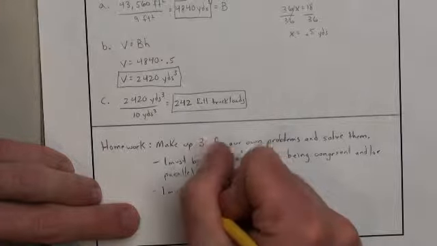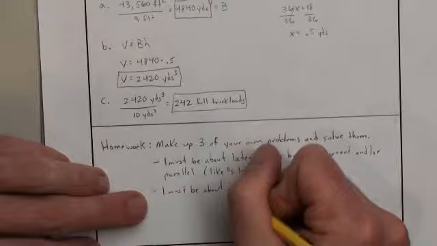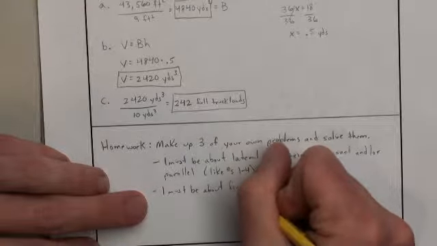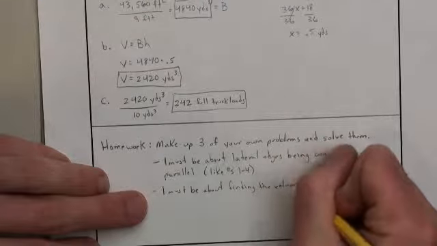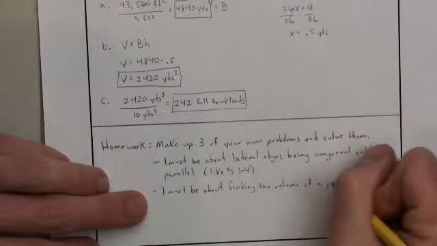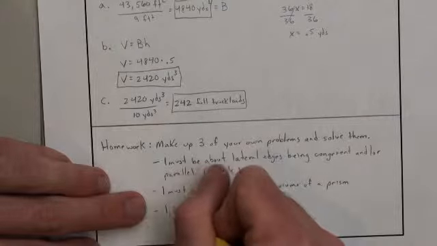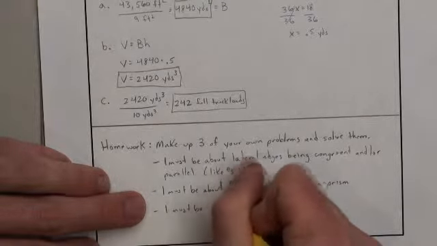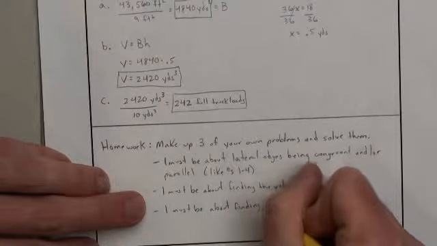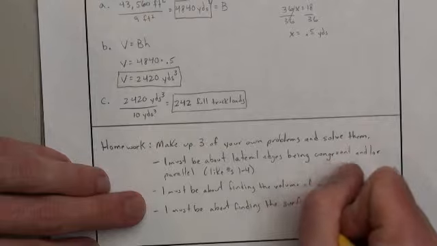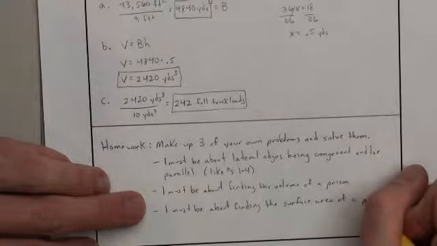One must be about finding the volume of a prism, and one must be about finding the surface area of a prism.